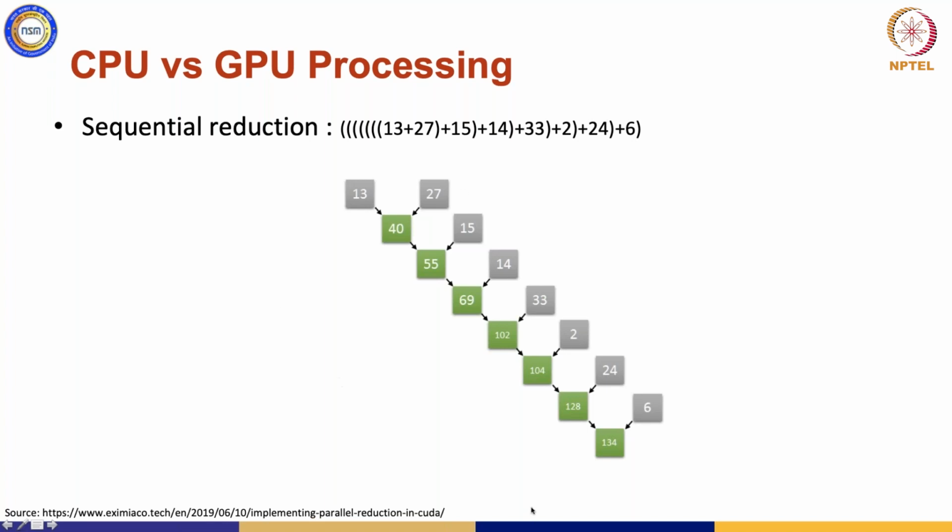So this is a way in which sequential processing happens. If you see this particular type of reduction operation, you cannot do anything in parallel, because each step depends on the sum of the previous one, and so on and so forth. So this is basically a way in which a CPU works for you.